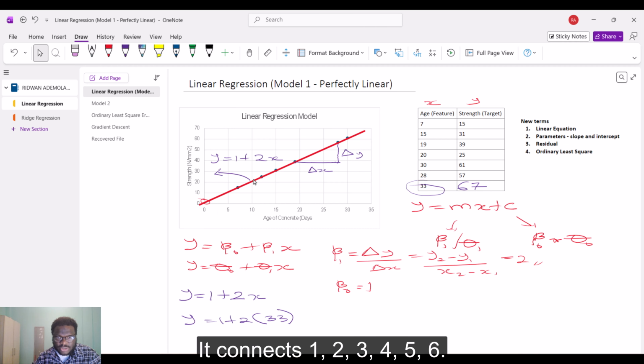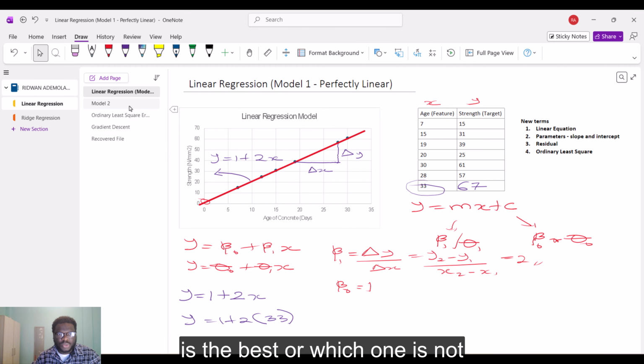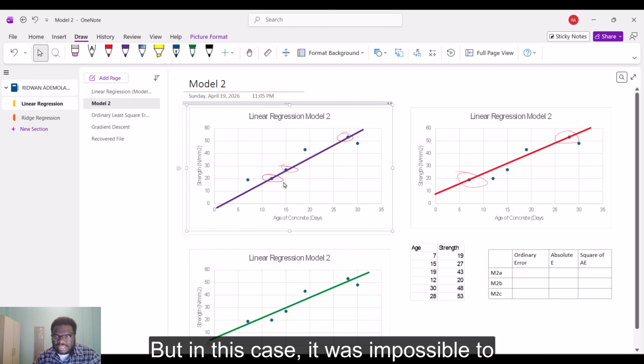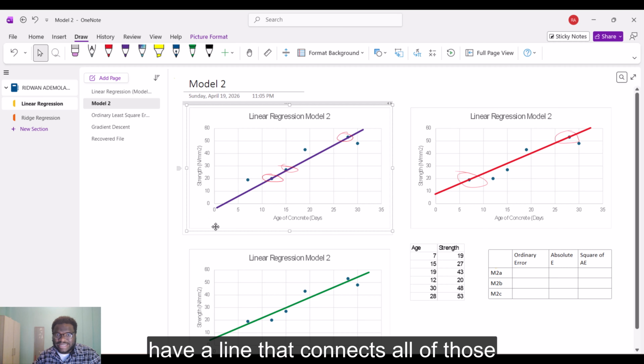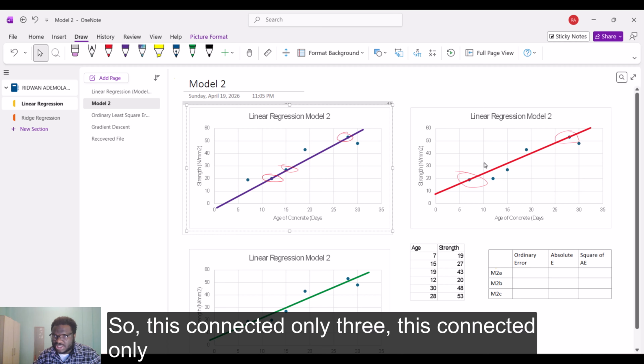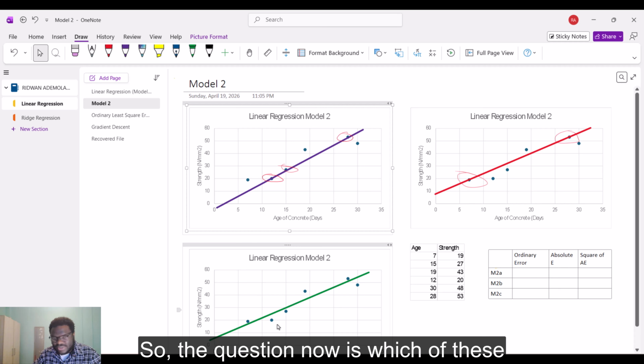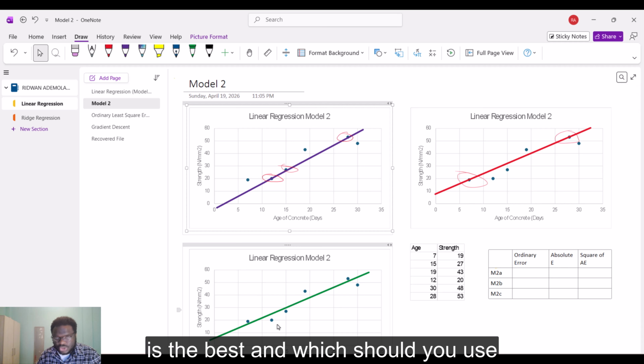It connects 1, 2, 3, 4, 5, 6. So there was no problem of which one is the best. But in this case, it was impossible to have a line that connects all of those data points. So this connected only 3, this connected only 2, and this connected nothing. So the question now is, which of these is the best and which should you use for your model?